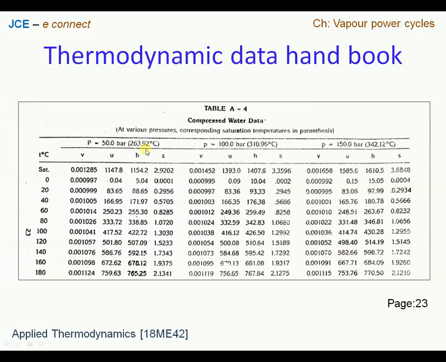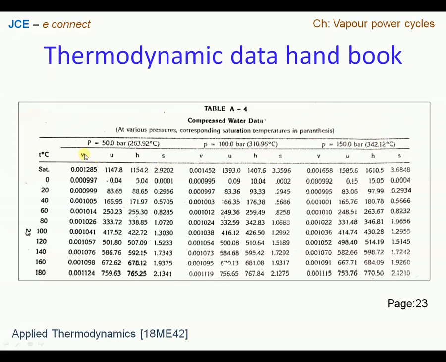So here we see again the entire 4 columns of data pertaining to 50 bar, and the corresponding saturation temperature for 50 bar is given to us as 263.92 degrees Celsius. Likewise, the next pressure after 50 is 100 bar, and then 150 bar, and the corresponding saturation temperatures are given to us.